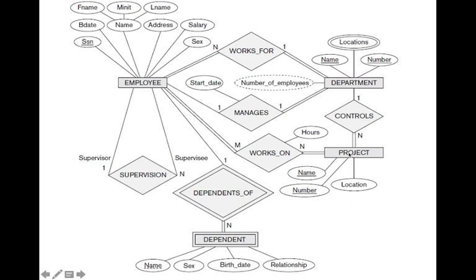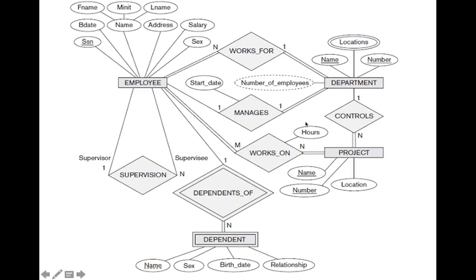So after step 5, we will form a table like this. So Works On table will be formed. SSN is the primary key of employee and P number is the primary key of project. So we will include P number and ESSN in Works On, and additionally Hours.